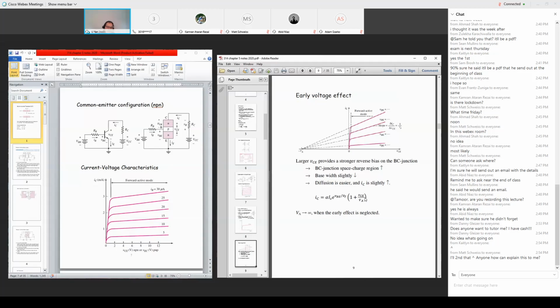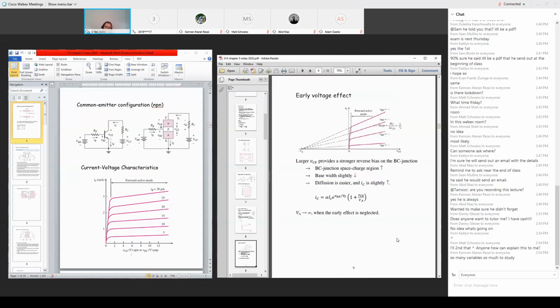A small correction means a linear increase, which indicates a slight increasing tilt of the curve. So the collector current is modified by the second term inside the parenthesis. Any questions?